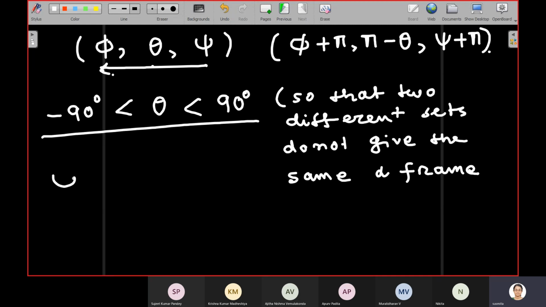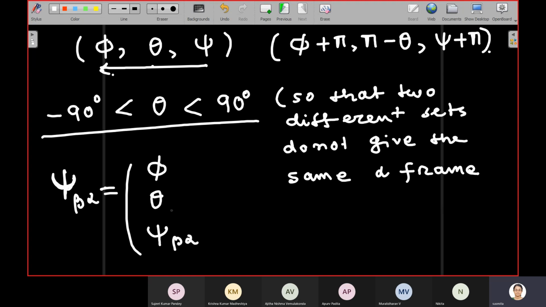Okay. Now this is the Euler attitude from beta frame to alpha frame. Since we are going from beta to alpha, we can put beta alpha in the angles also. How about psi alpha to beta? When we write psi alpha to beta, it means we are interested in going from alpha frame to beta frame.